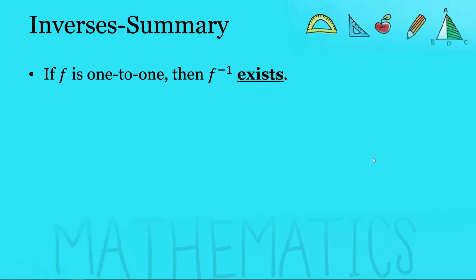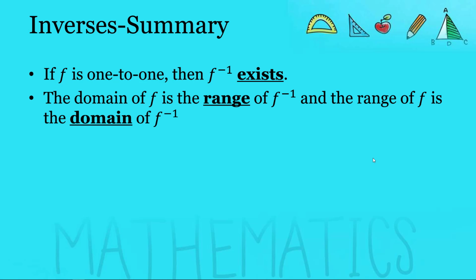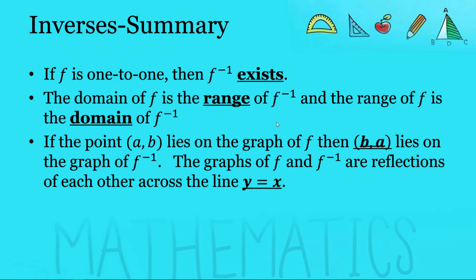Okay, so this is all I have left to say about inverses. If f is 1 to 1, then its inverse happens to exist, and it also is 1 to 1. The domain of f is going to be the range of f inverse, and the range of f inverse will be the domain. The range of f will be the domain of f inverse.